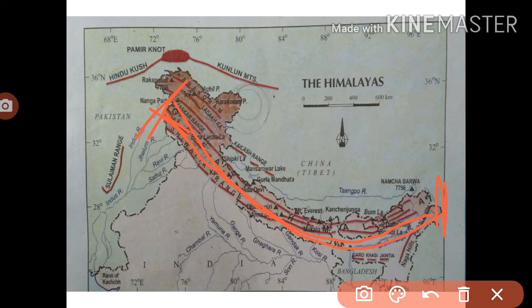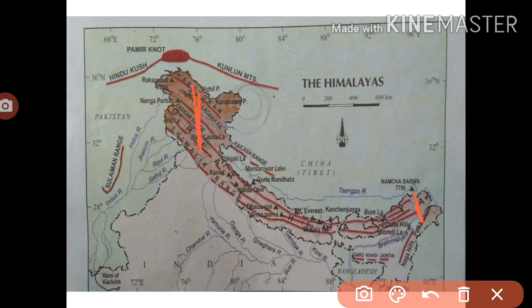The width varies from 400 kilometer in Kashmir. If we see Kashmir, here the Kashmir is there and the width is 400 kilometer, to 150 kilometer in Arunachal Pradesh. See here, Arunachal Pradesh is there and the width is 150 kilometer.